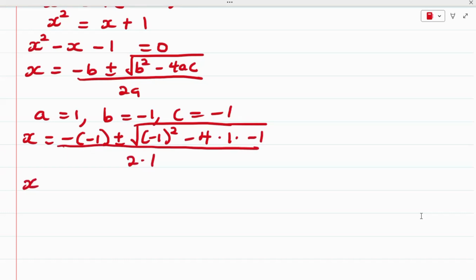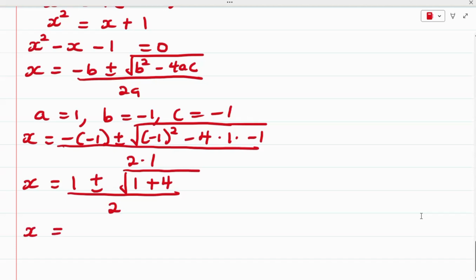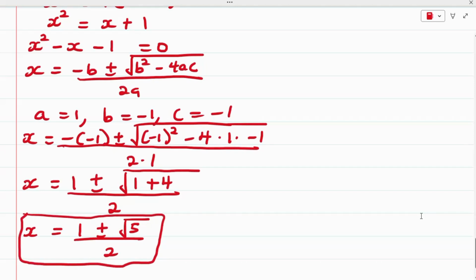So minus times minus is plus. So we have 1 plus or minus the square root of (-1) squared is 1, minus 4 multiplied by 1 multiplied by -1 will give us plus 4, divided by 2 multiplied by 1 is 2. So x is equal to 1 plus or minus the square root of 1 plus 4 is 5, divided by 2. And we have this to be the third and fourth values of x.